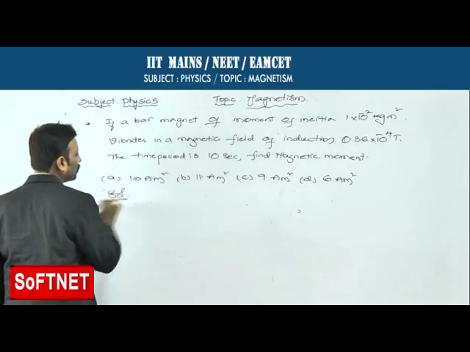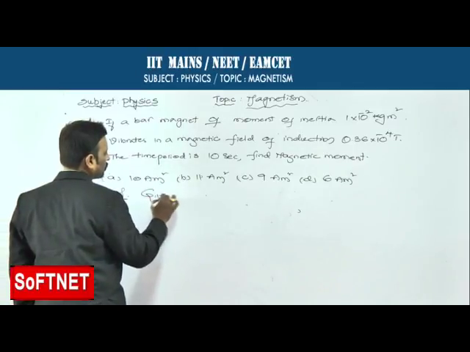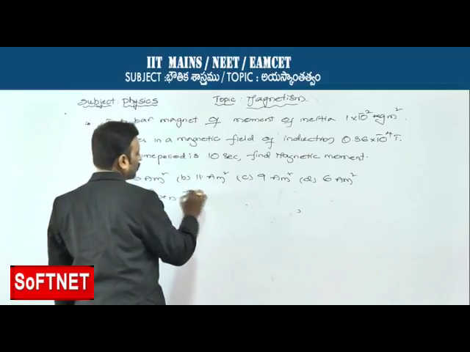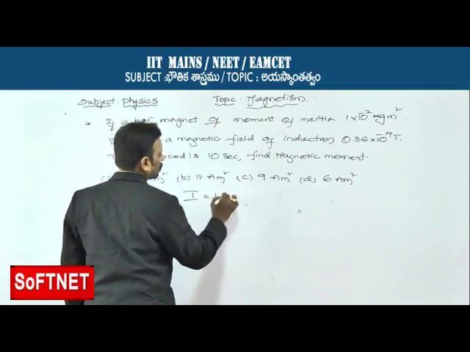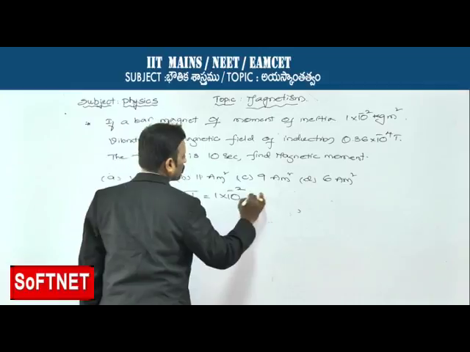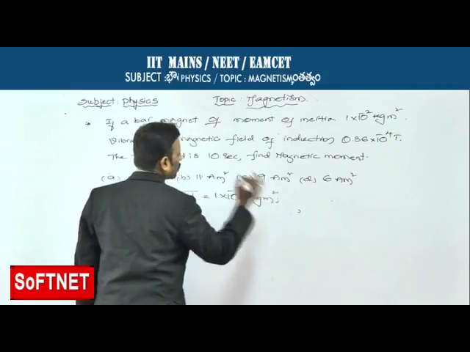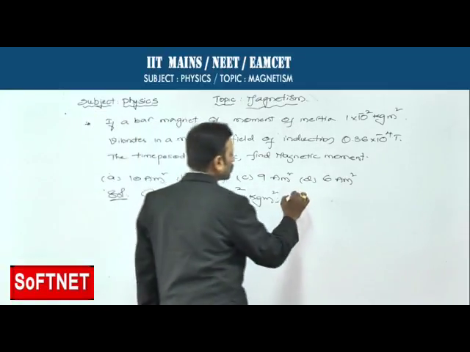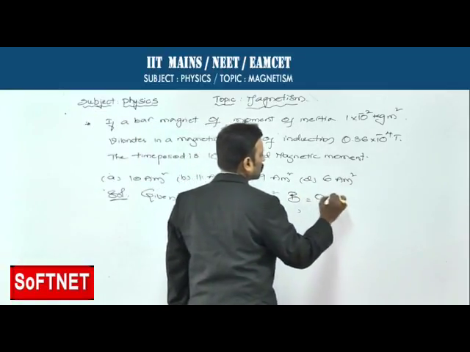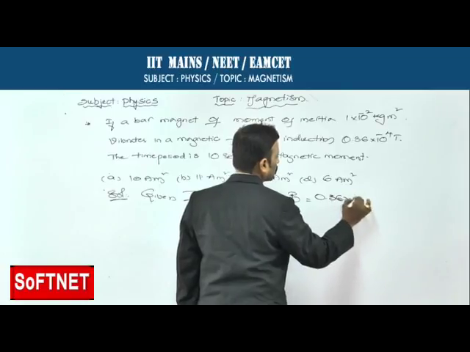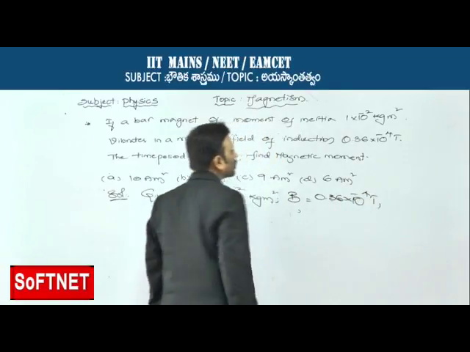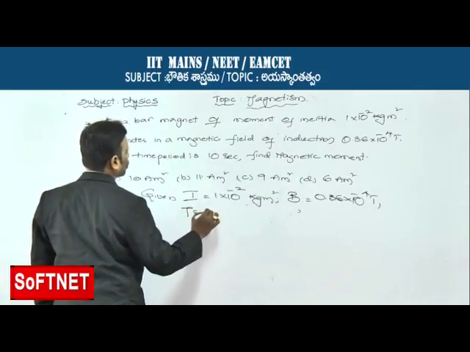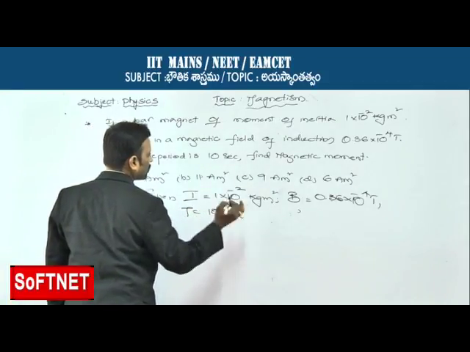The solution then: given, moment of inertia I is given as 1 into 10 power minus 2 kg meter square. The magnetic field of induction B is given as 0.36 into 10 power minus 4 Tesla. The time period of oscillation is also given as 10 seconds.